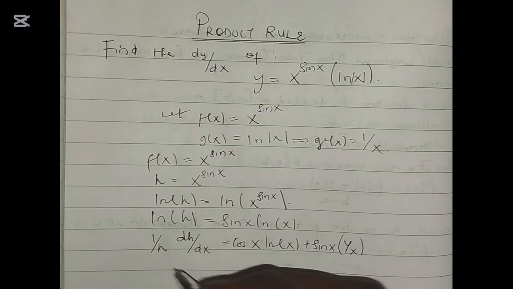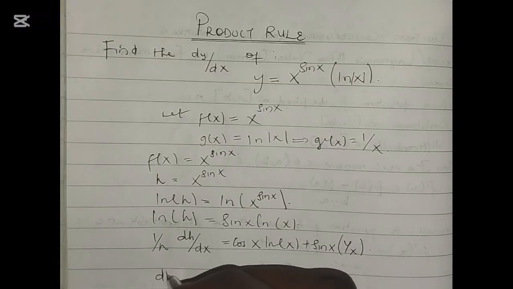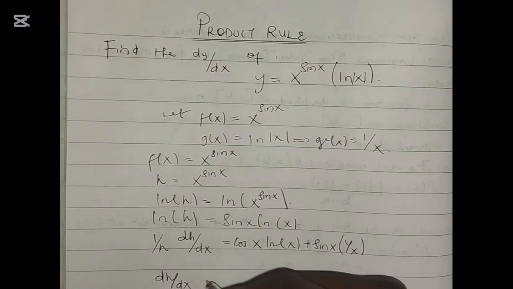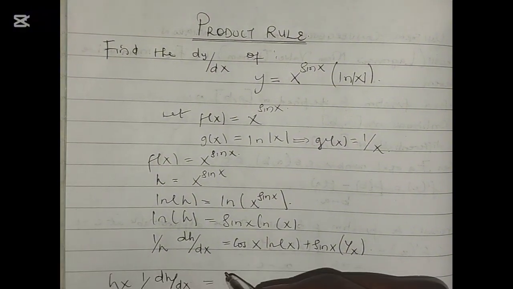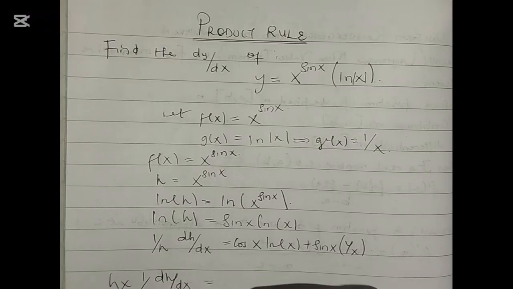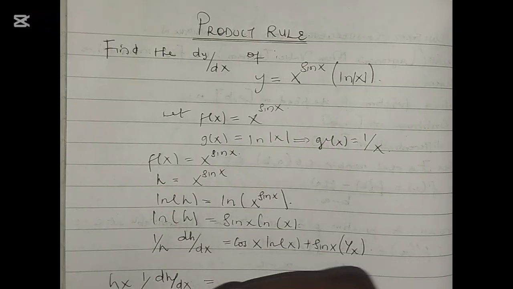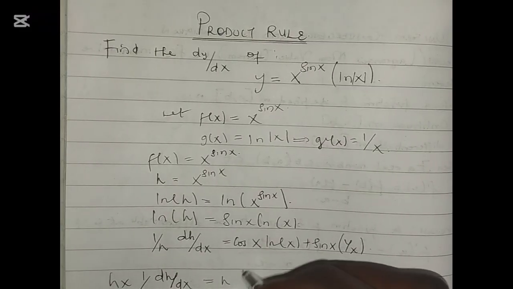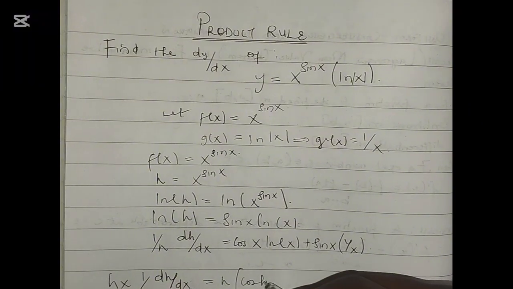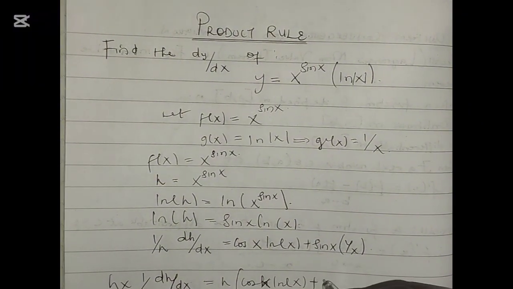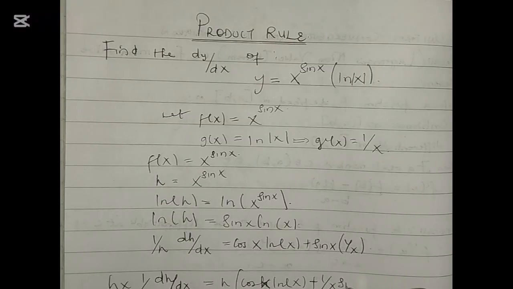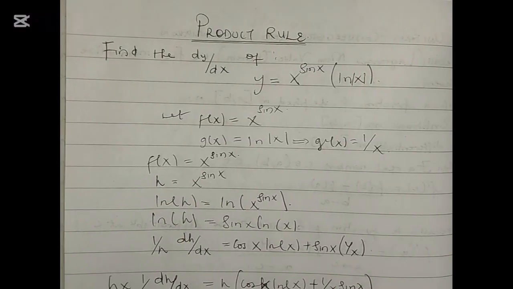So this will be h prime over h is equal to that, and because we have to multiply both sides by h, what we need here is h prime, not 1 over h. So here we have h into cosine of x ln x plus 1 over x sine x.